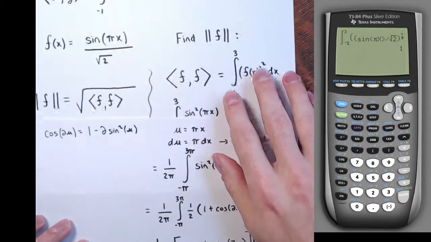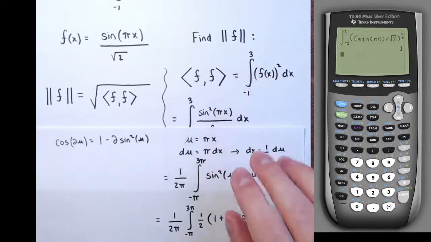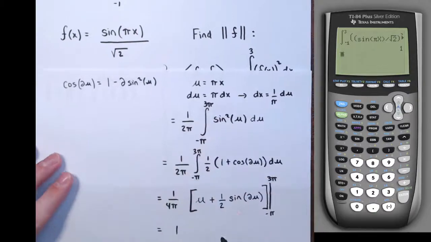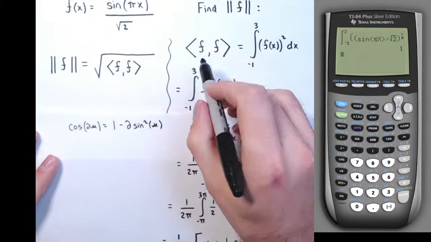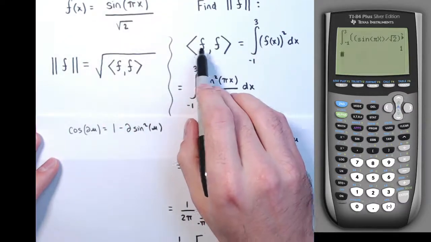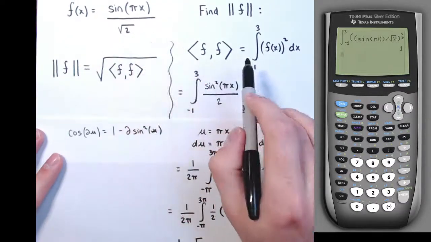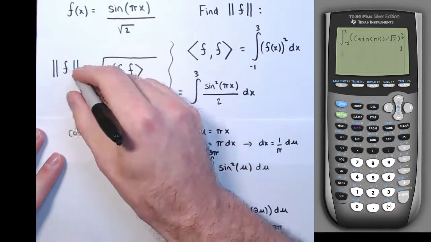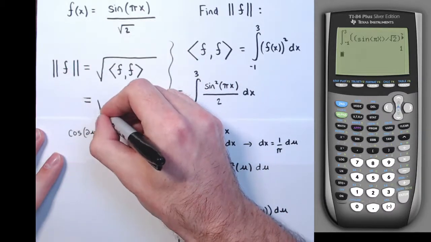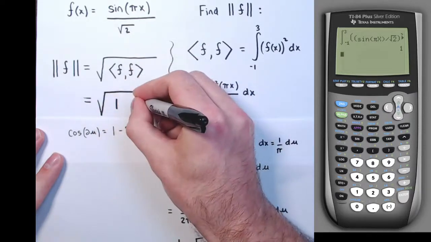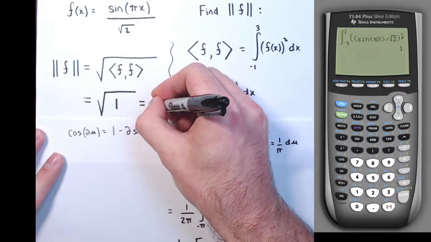So anyway, back to the problem at hand. Sorry about a bit of a tangent there, or a sine. So the inner product of this function with itself is 1. Now the norm of this function, the norm of f, is the square root of this inner product with itself, which is just the square root of 1, which is 1.